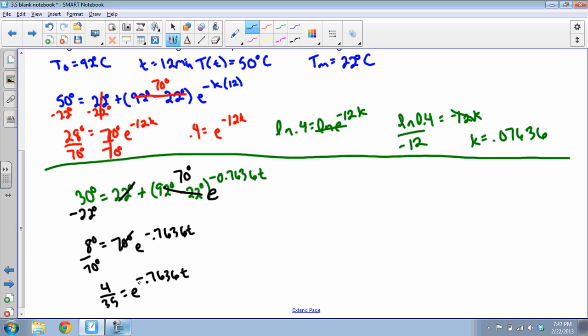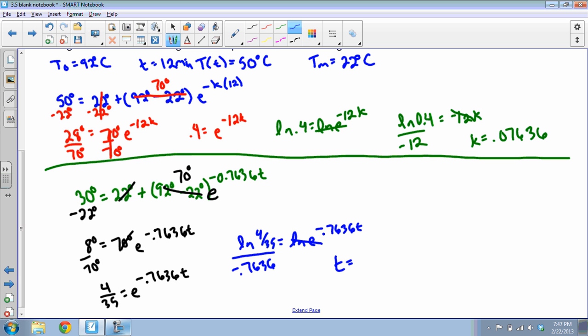I think I just ruined my plan to use the second answer button, but take the natural log of both sides. So we're saying that the natural log of 4 over 35 equals the natural log of e to the negative 0.07636 t. This ln of e goes away. So we're really just going to divide this natural log of 4 over 35 by negative 0.07636.